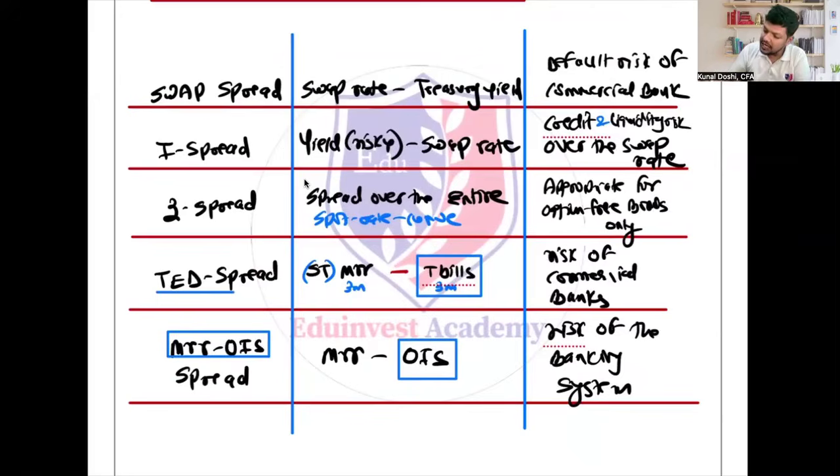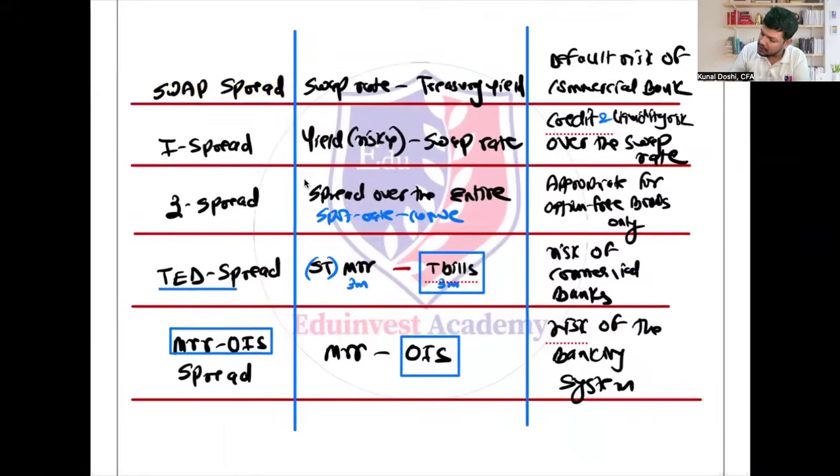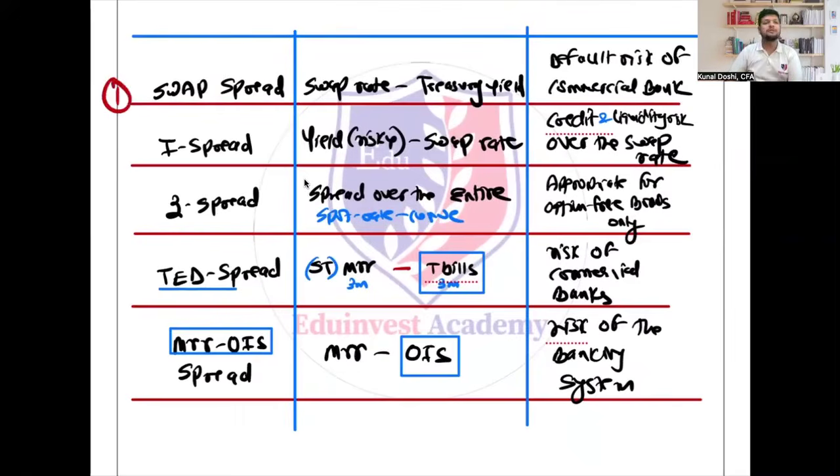Now, first on the screen, you see the swap spread. So this is my first spread. Let me just summarize it. Swap spread is the spread between the swap rate, let's say of a corporate, and the treasury rate.